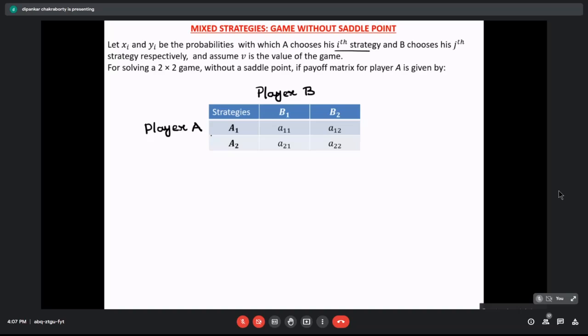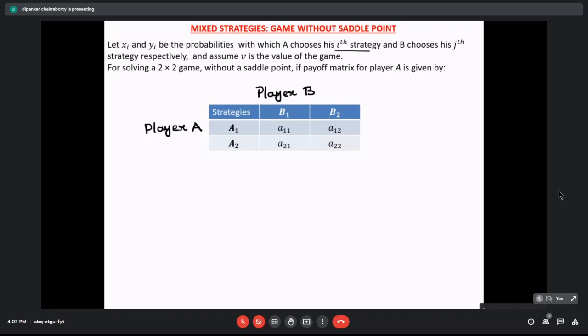That is, x1 is the probability by which player A chooses the A1 strategy, and x2 is the probability by which player A chooses his A2 strategy. Similarly, y1 is the probability by which player B chooses his B1 strategy, and y2 is the probability by which player B chooses his B2 strategy.